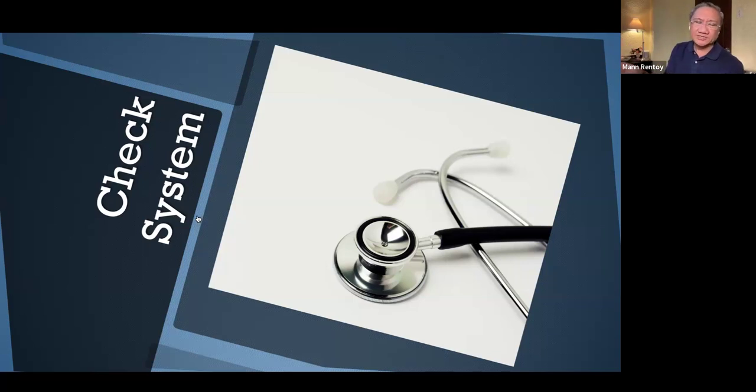And they know because I explained this at the start of the quarter, at the start of the school year, or if you're going to use this, you can explain it on Monday when you meet them, the check system, that if they choose to break any of your rules, you will implement the check system.